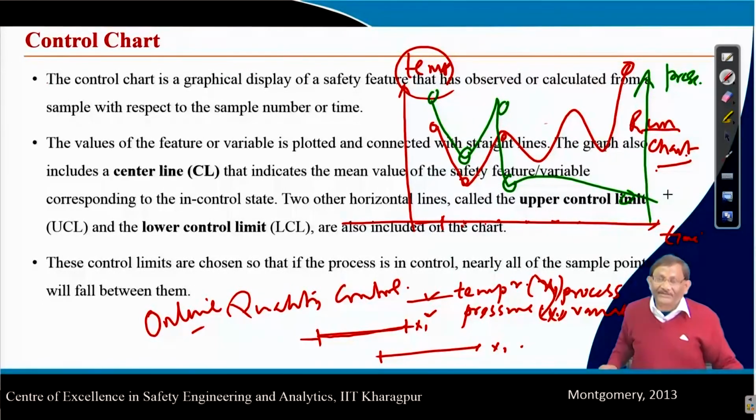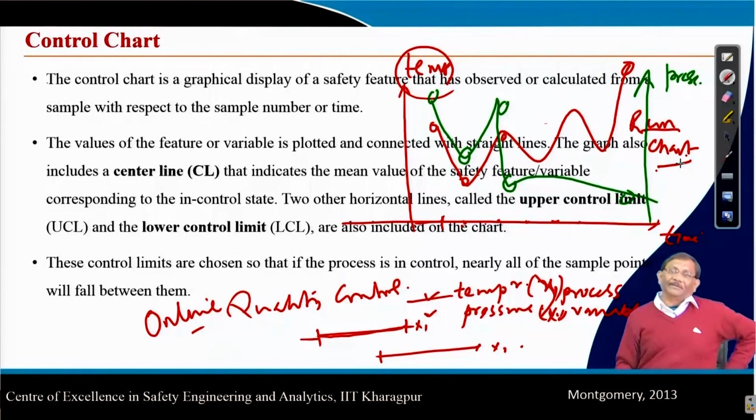Those critical points, in terms of pressure and temperature here, will be rare events, but even then there could be a pattern towards that undesired state, so that can be monitored using this kind of control chart. So we have to utilize this run chart capability.